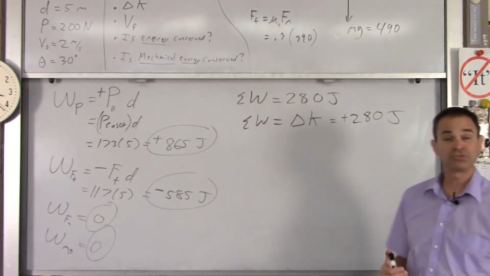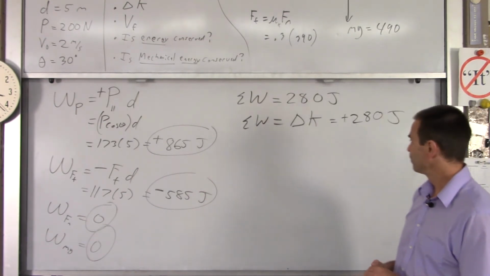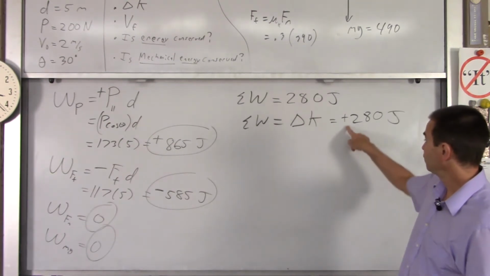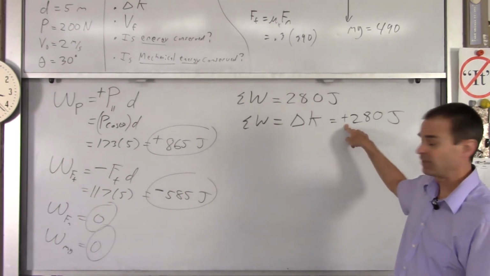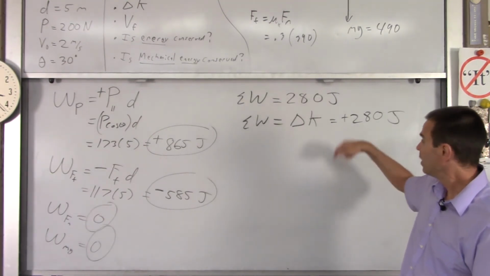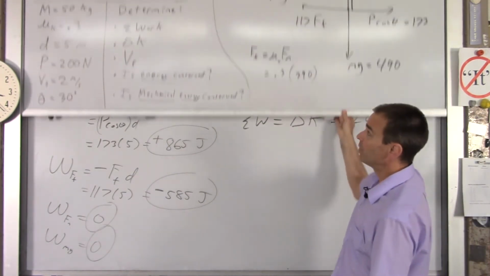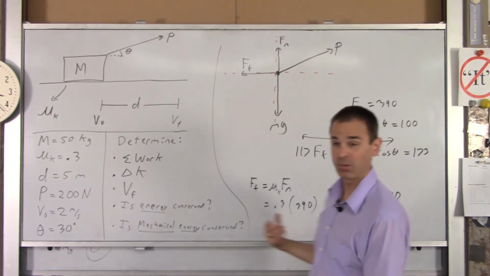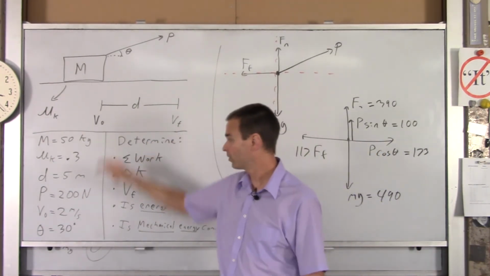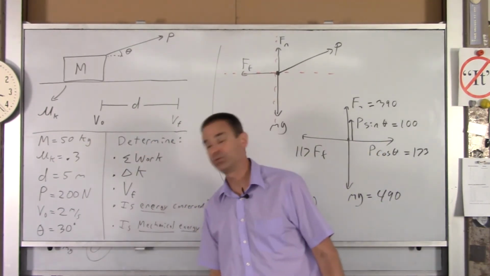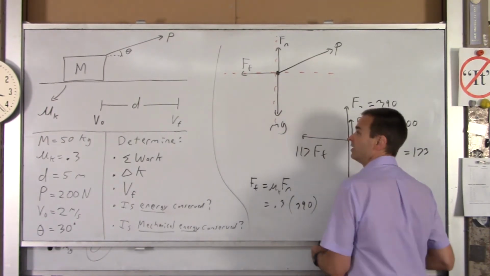That means the crate's speeding up. The crate is accelerating. If this number were negative, the crate would have been slowing down. Before we figure out V final, since the net work is positive, V final will be more than V naught. So V final better be bigger than 2 meters per second. We'll see.